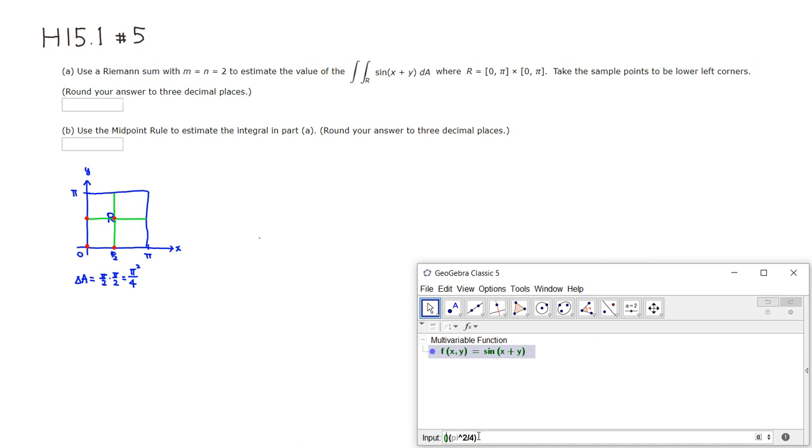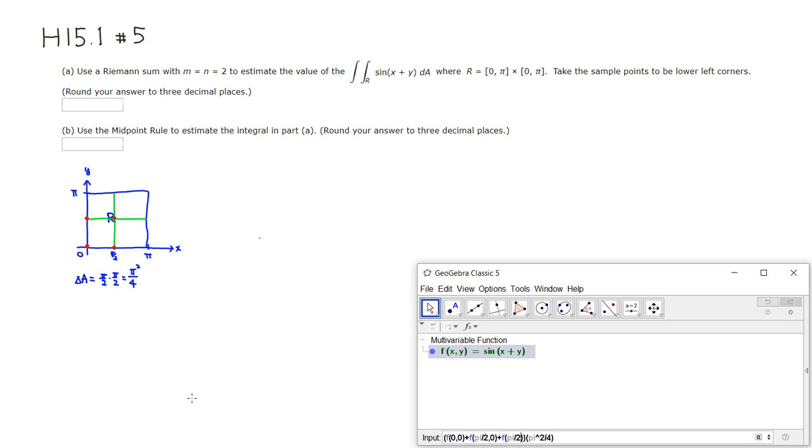Then we just need to compute f of the sample points. The first sample point would be 0, 0. The next one is pi over 2, 0. The next sample point would be pi over 2, pi over 2.